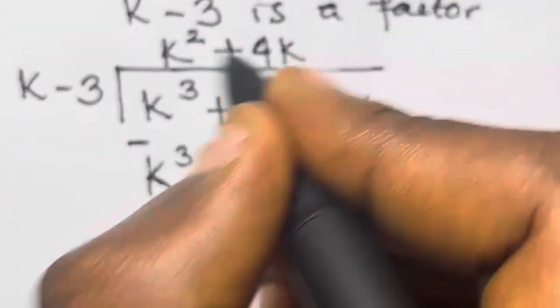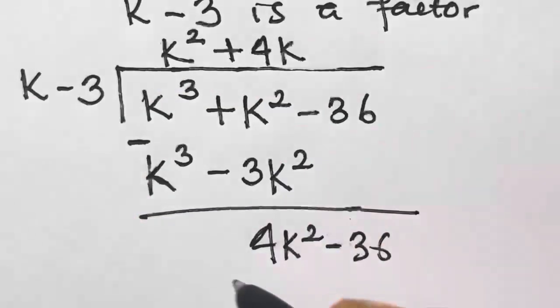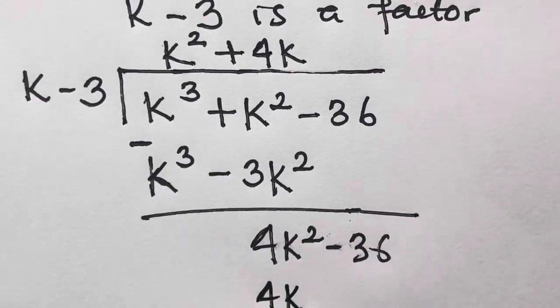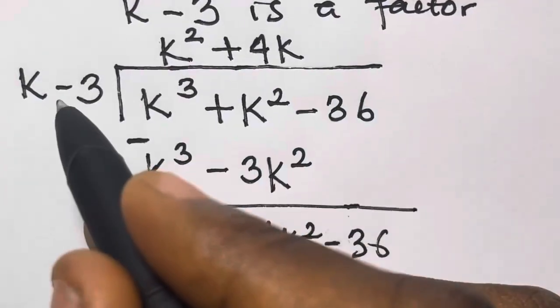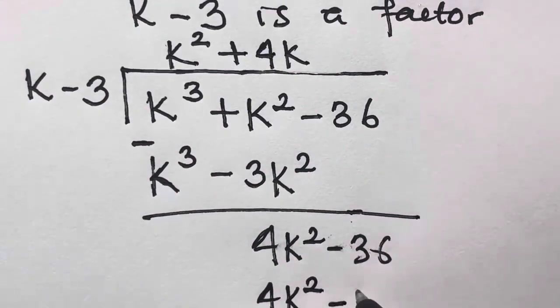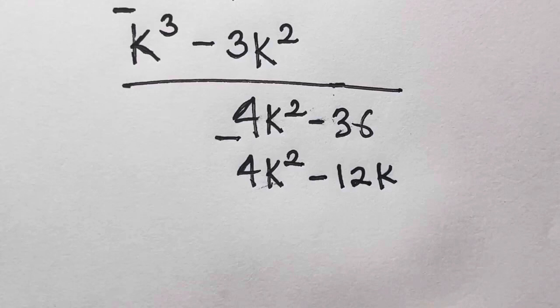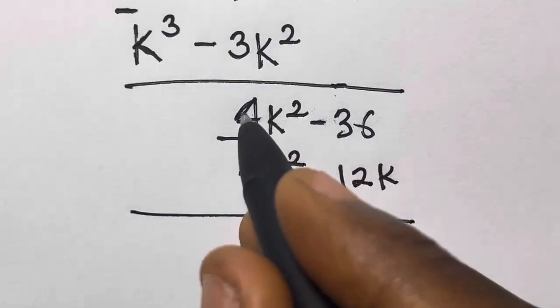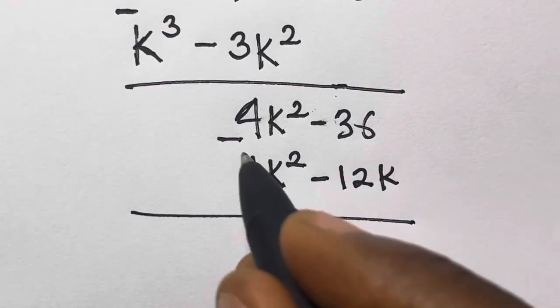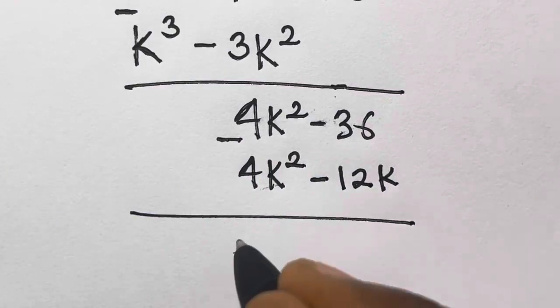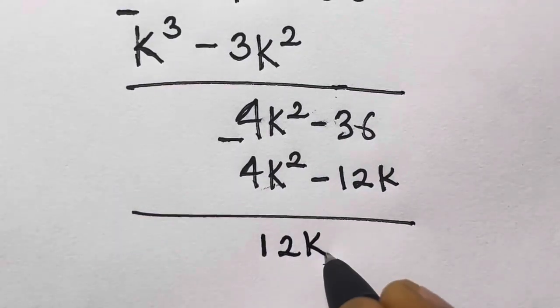Use this to multiply: 4k times k is 4k square, 4k times minus 3 is minus 12k. Again, subtract this. These cancel each other, and minus times minus gives 12k. Then bring down the constant, minus 36.